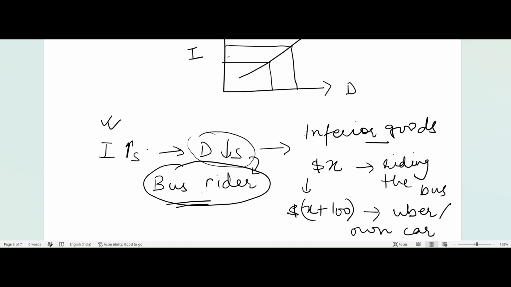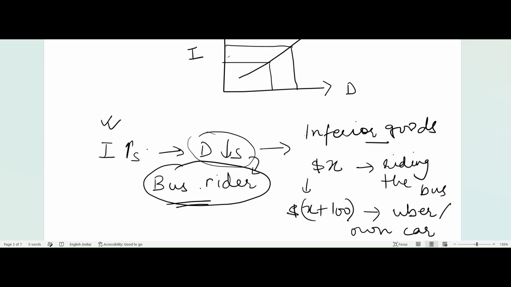Okay, like in this case, I've given you the example of buses. With a certain level of income, I was riding the bus. The demand for bus was there by me. But when my income increased, the demand for bus by me went down because I started using Uber, or I took my own car. I purchased my own car.